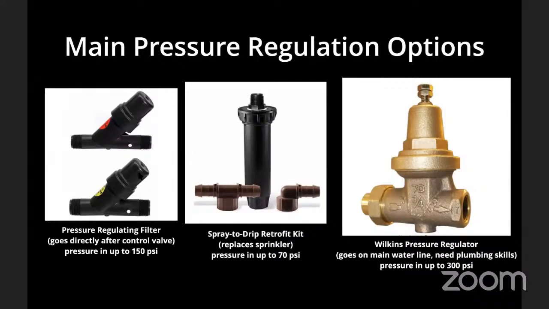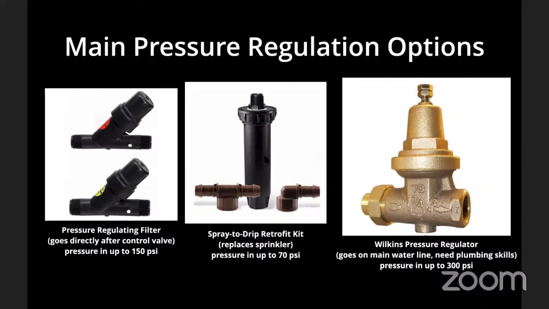Occasionally we see higher than that. Generally, if I have over 100 PSI, I'd rather be safe and will consider adding in one of these, but you need some plumbing skills for that, or you might need a professional plumber. These are a little bit more complicated to install.